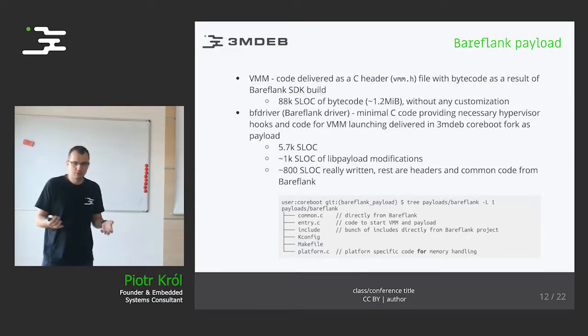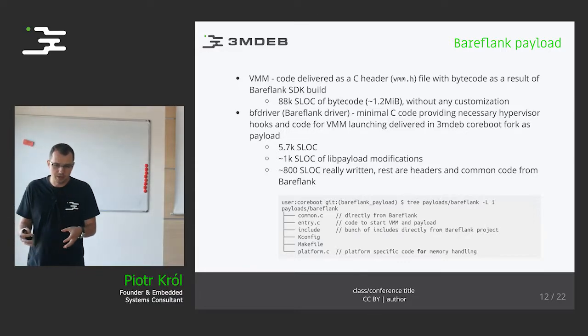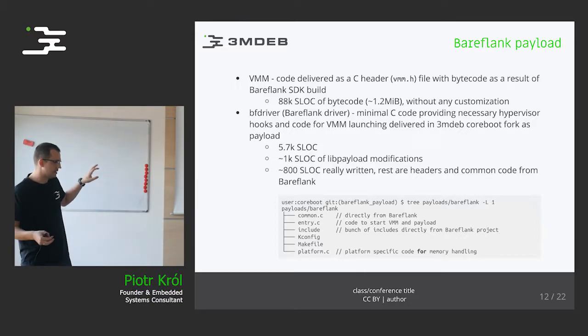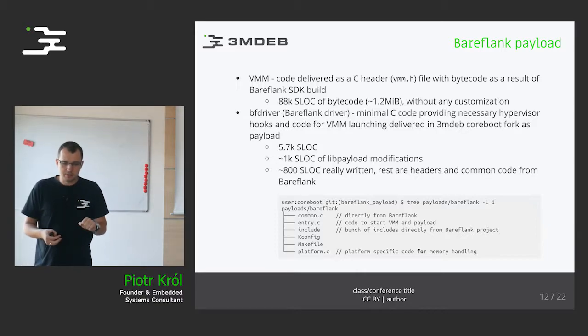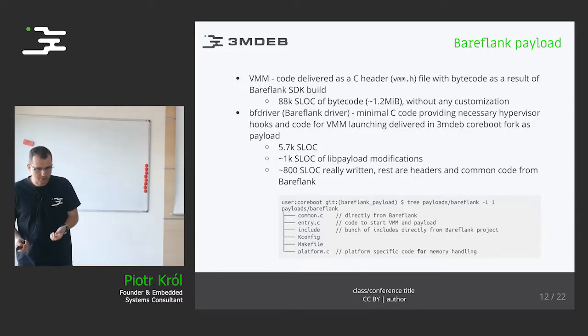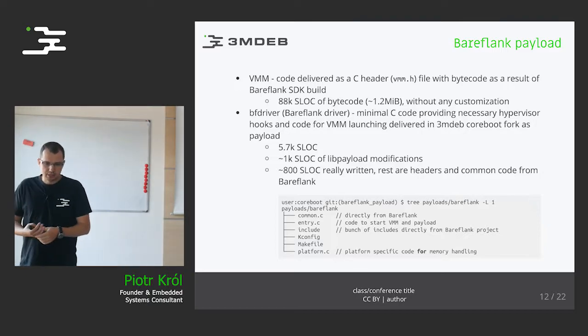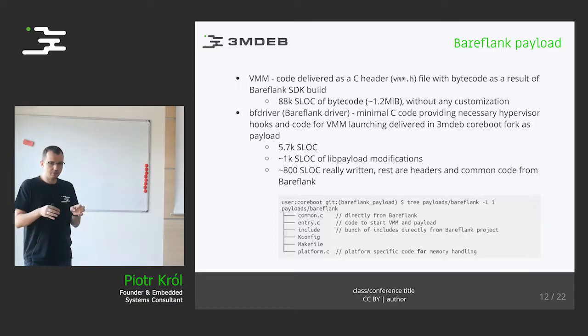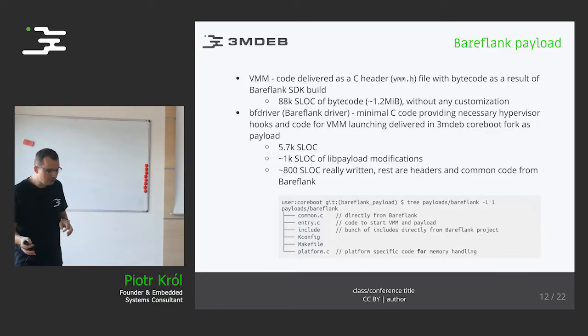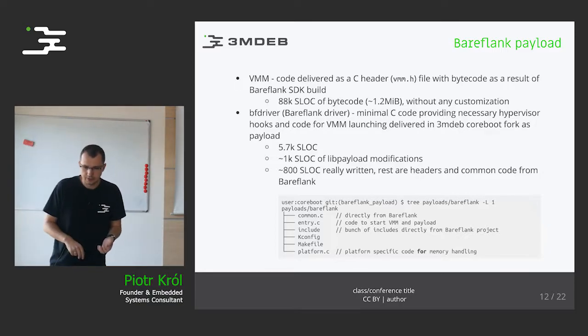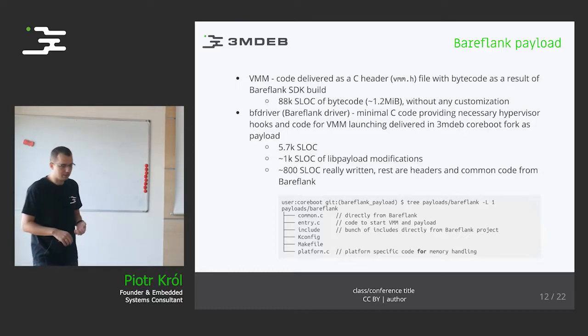So what's inside the Bareflank payload, which I showed you runs after the RAM stage? There are two components: the VMM, which is the virtual machine monitor, and the BF driver, the Bareflank driver. The first is the result of the Bareflank SDK build, which is about 88,000 lines of code, but this is just a header with the bytecode.